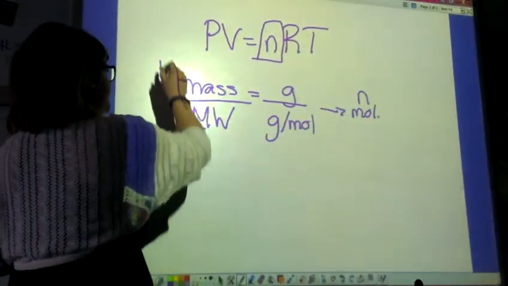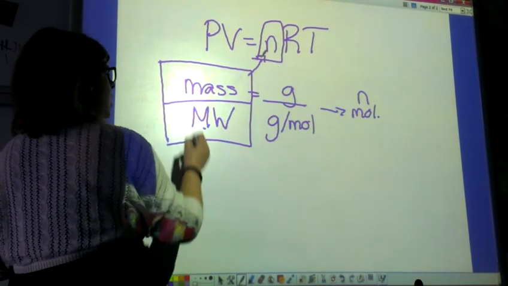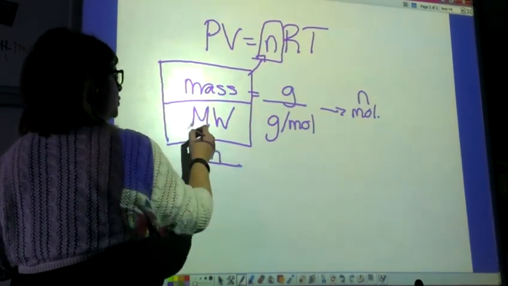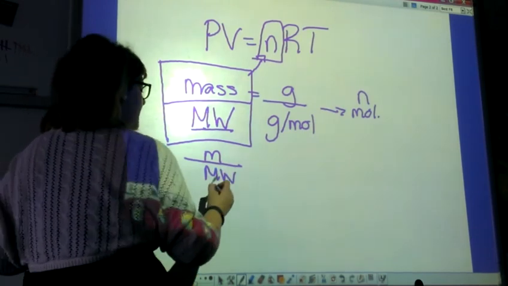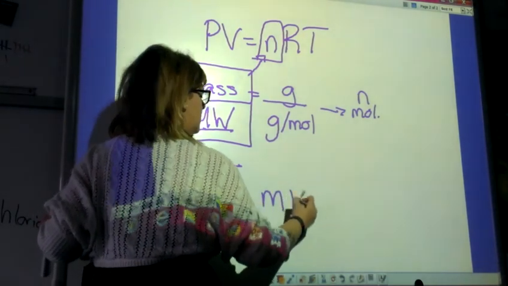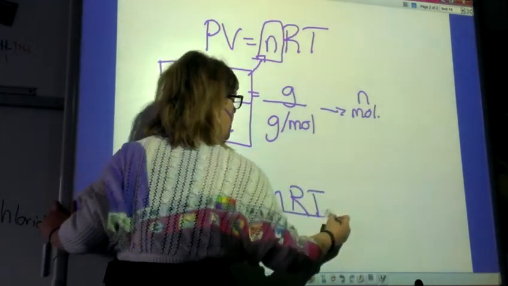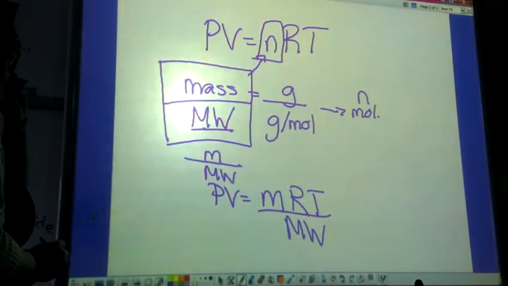So I want to substitute this in for n. I'm going to call mass just M, and we'll call molecular weight MW. Then that would give me PV equals MRT over MW, which is molecular weight.